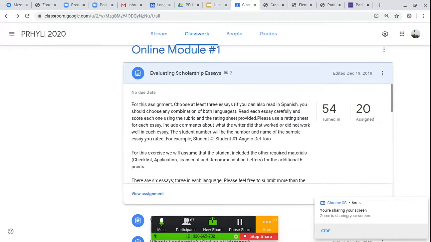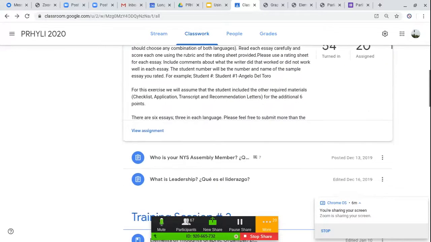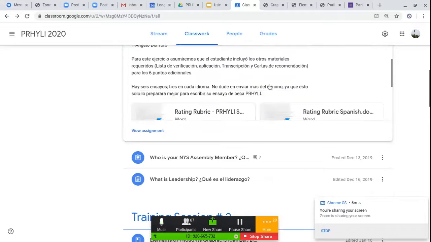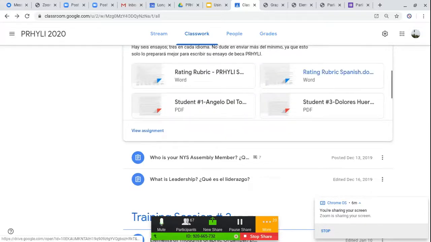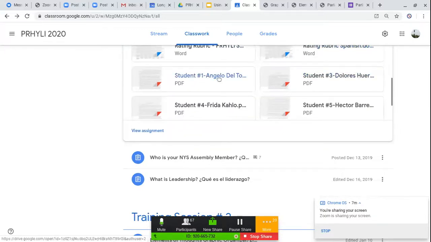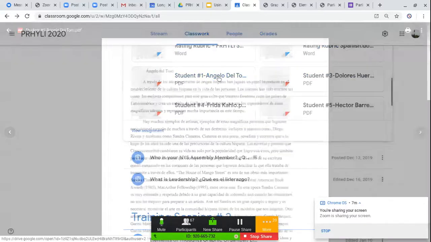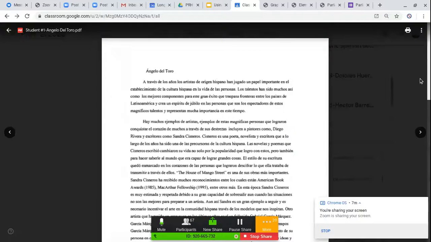And every assignment we created in English and Spanish. So we did that, and then we attached the rubrics, again, in English and in Spanish. And then we downloaded PDFs of Spanish essays.